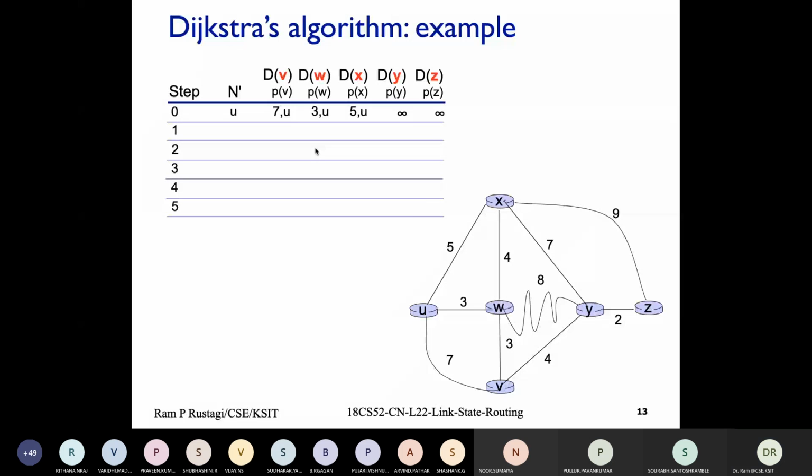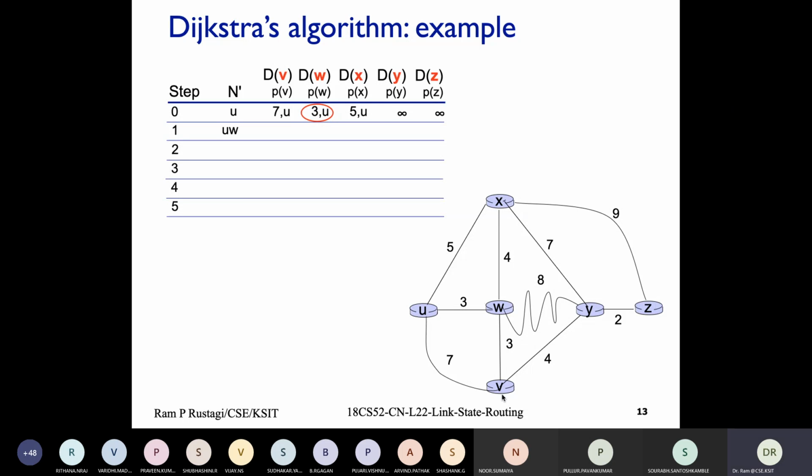Now, which is the node with minimum value? DW is minimum, 3. So I pick the node W and add it to N prime. Now look at all the edges from W. W has edges to X, Y, and V. DW is 3. So if I were to go to X via W, my cost would become 7, where it is 5.